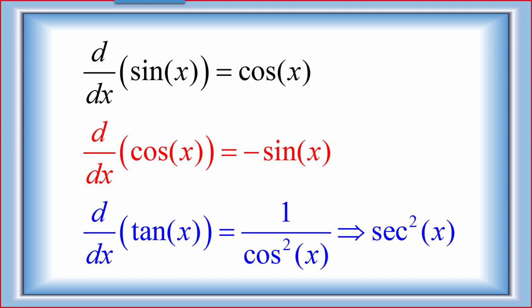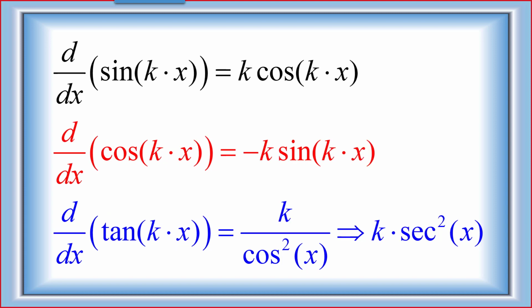Now in the methods course, you are okay to write the answer as 1 over cos squared x. But if in your exam you wrote that as secant squared x as well, that's fine, because 1 over cos is secant. We are more than happy to accept the answer in any of those forms. All these derivatives that I'm displaying on the screen would be obtained using the chain rule.